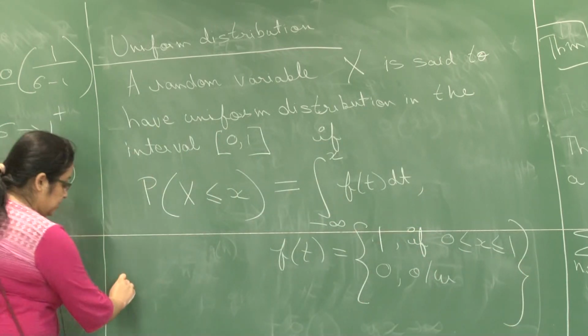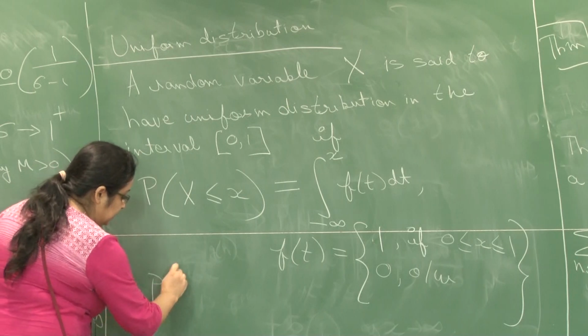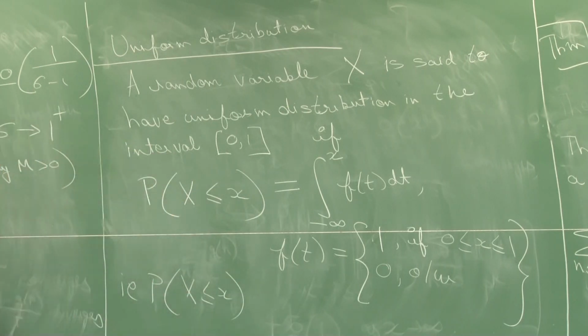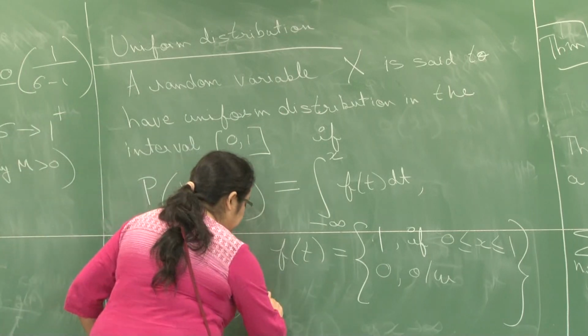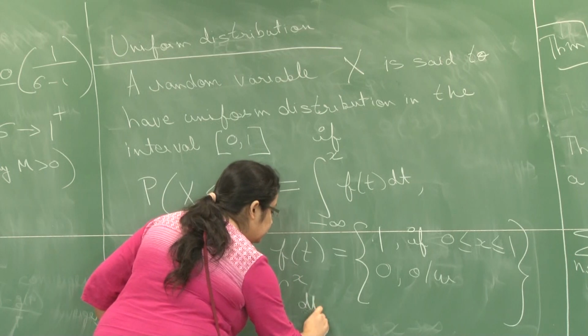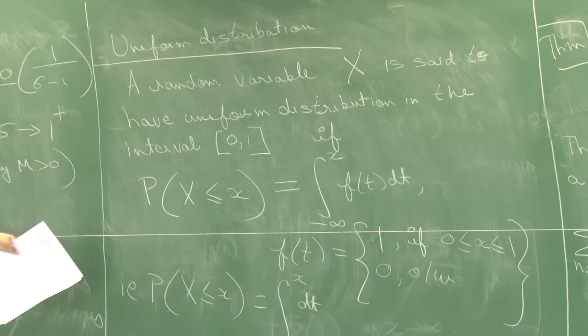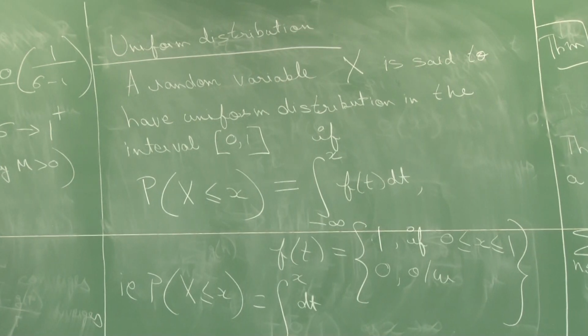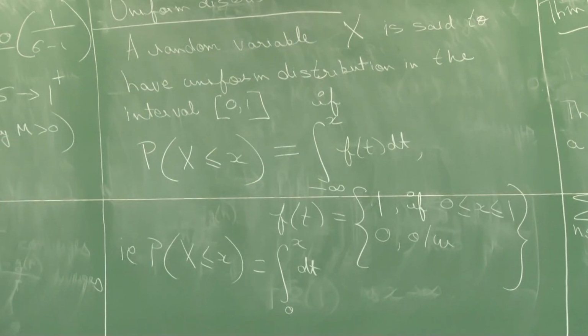That is, the probability that capital X is less than or equal to x is equal to the integral from 0 to x of dt, or in other words, it is exactly equal to x for any x. This is just your uniform distribution.